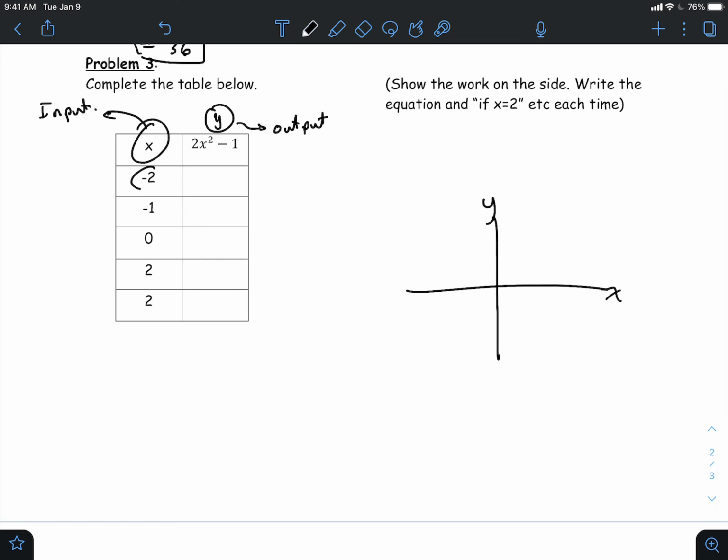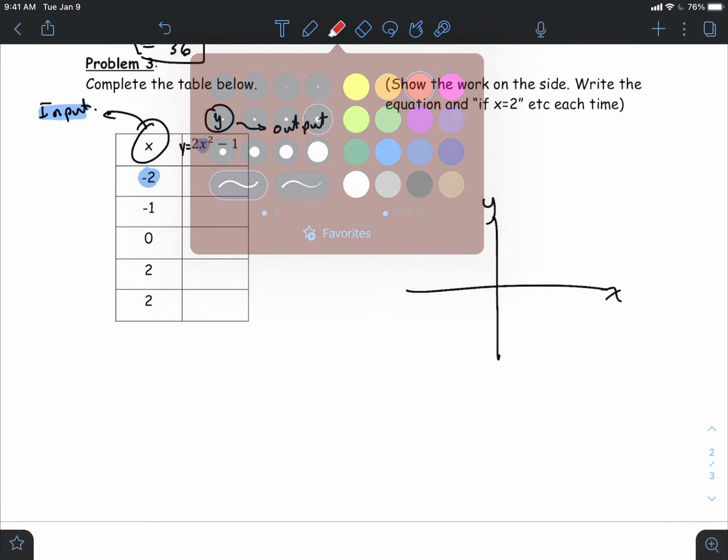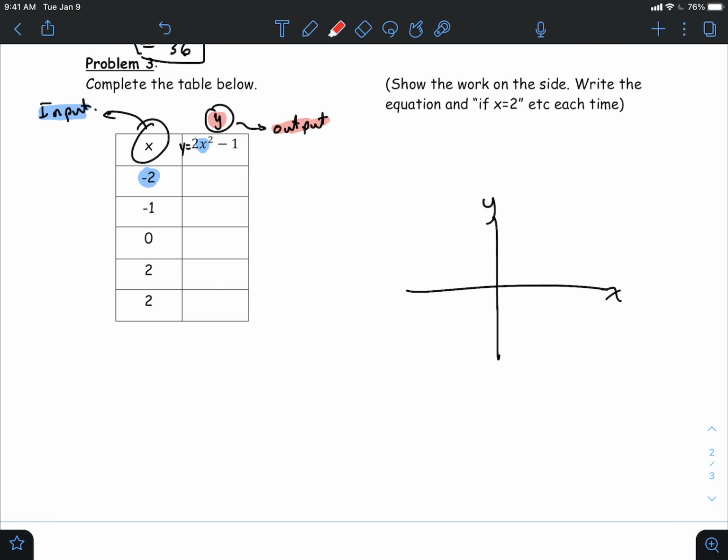So I'm going to take values of x, and I'm going to input them into my equation, and they're going to spit out y values. Those are what we call outputs. All these numbers will be outputs.